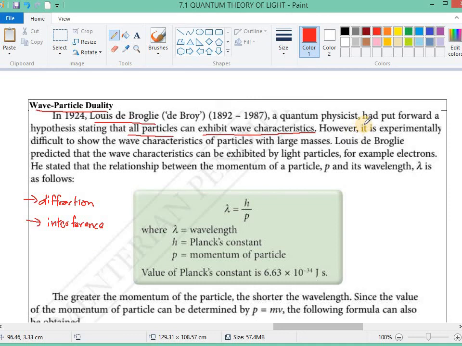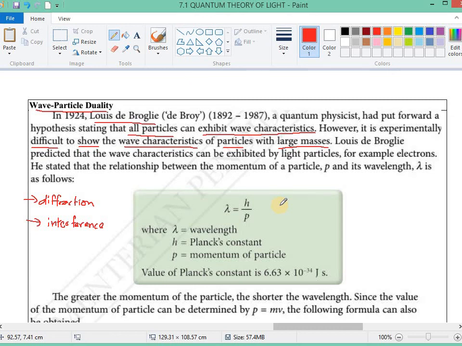However, it is experimentally difficult to show the wave characteristic of particles with large mass. That means only particles with small mass can show the wave characteristic.